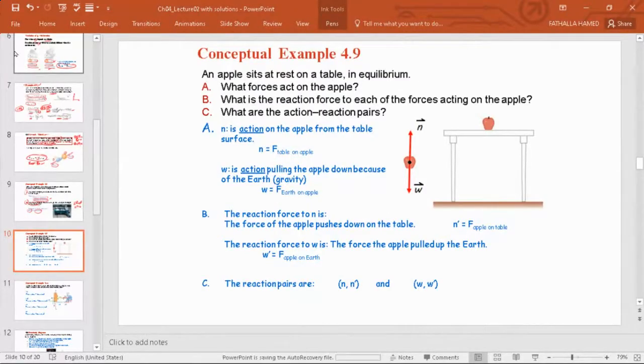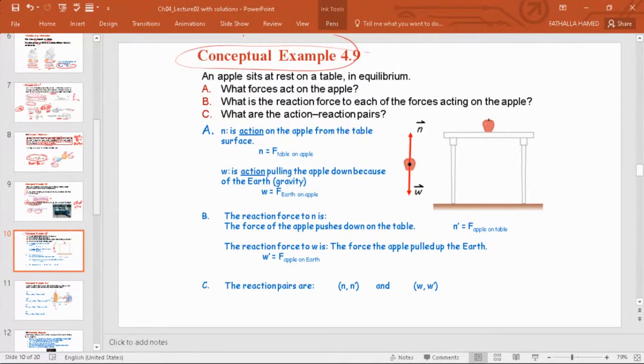So let's take this conceptual example here. An apple sits at rest on a table in equilibrium. A, what forces act on the apple? B, what is the reaction force to each of the forces acting on the apple?